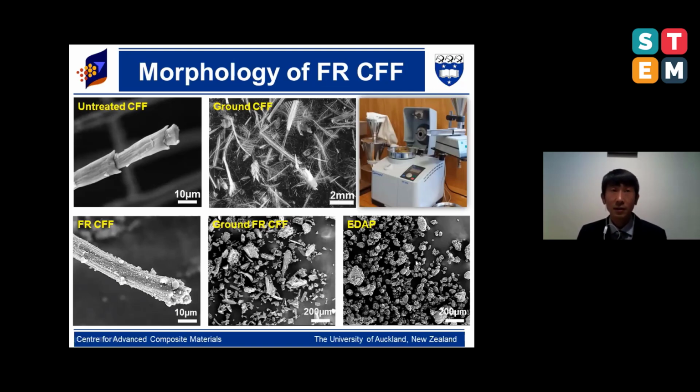Sometimes that is alkali. So after the modification, the chicken feather was pulverized like this. We can achieve very fine particle. The mean particle size of this is around 70 micrometers.